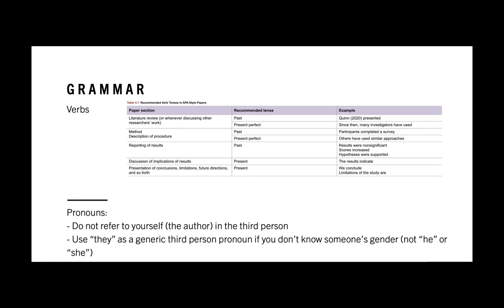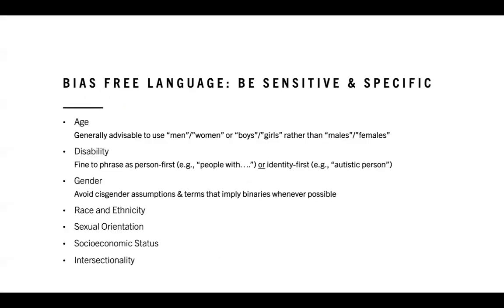Use "they," even if you're referring to a single person, but you don't know their gender. So "they" is the appropriate omnibus pronoun at this stage of the APA 7th edition manual. So those are just 2 things to highlight. But again, there's a lot more in the APA manual, but these are things that I think are particularly useful and relevant and important for people who are starting their EdD program to realize about grammar.